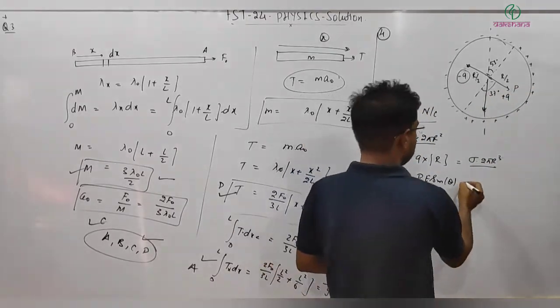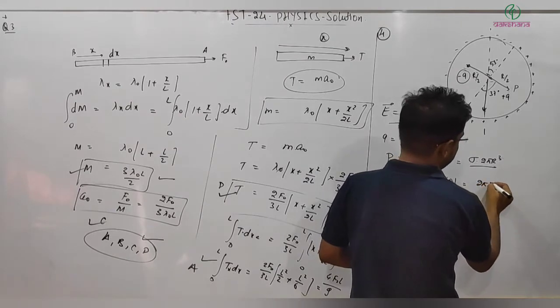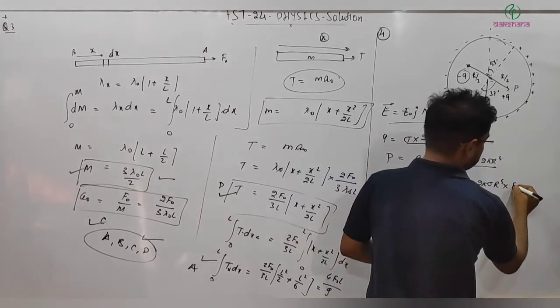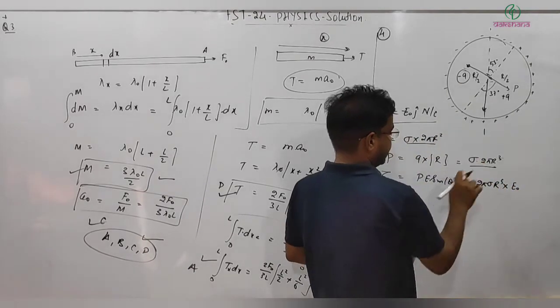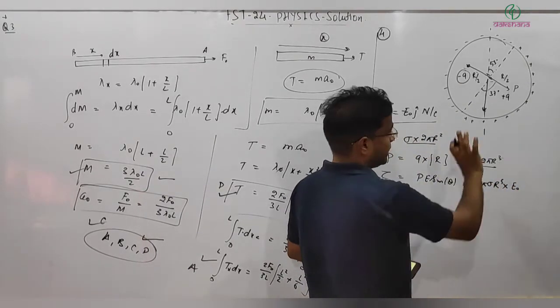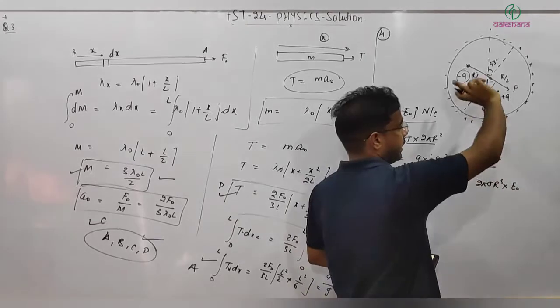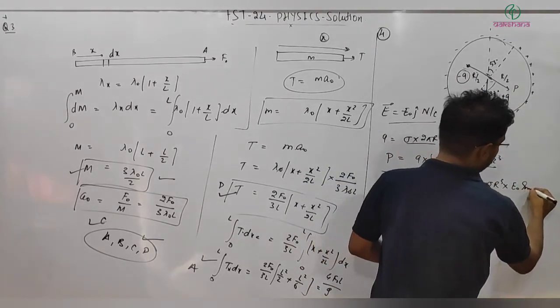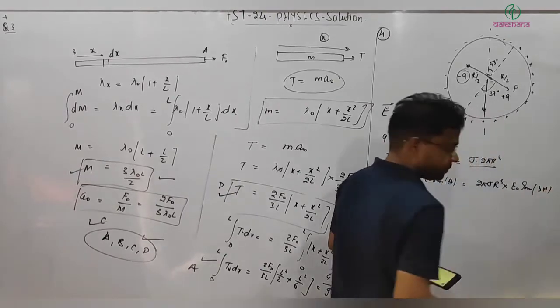So I can write this is equal to 2 pi sigma r cube multiplied by E naught, I'm directly writing PE magnitude, direction will be inward, the sense will be clockwise of rotation, into sine of 37 degree, right?